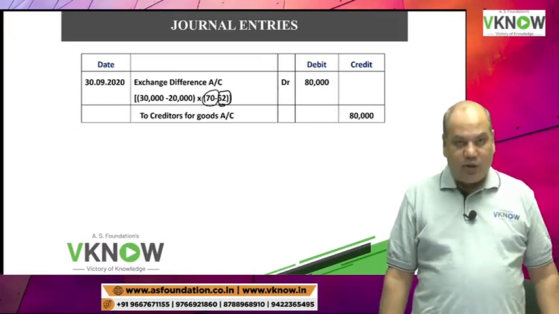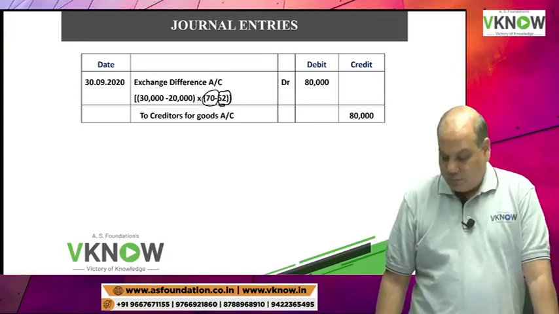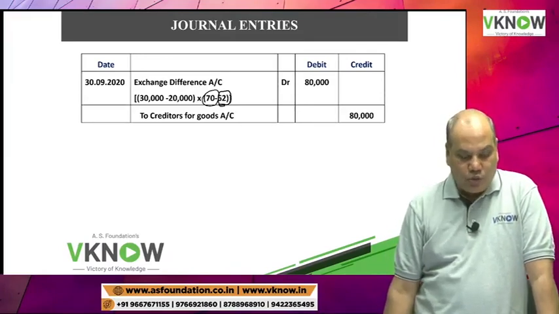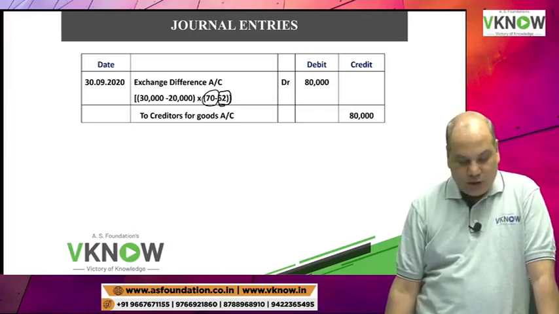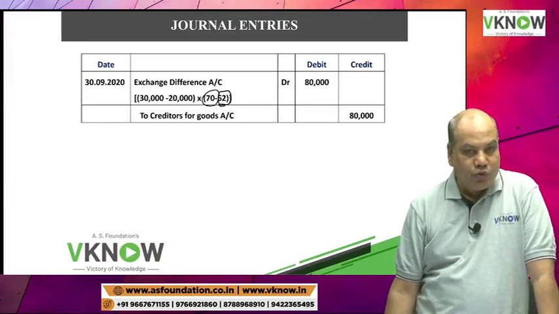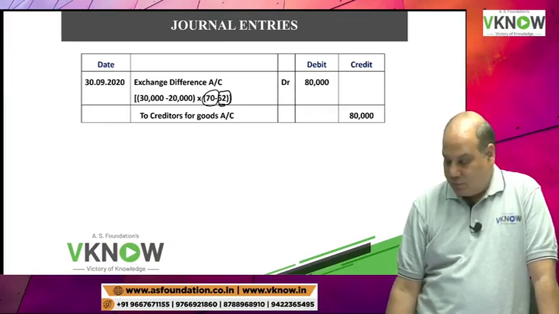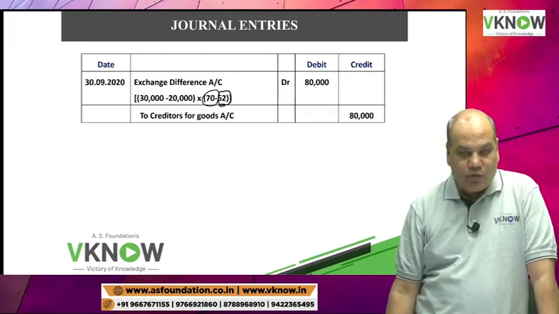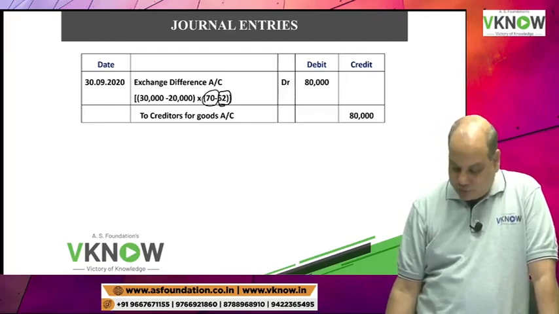So the entry will be exchange difference account debit $10,000 payable into 8 rupees, 80,000, to creditors for goods 80,000.